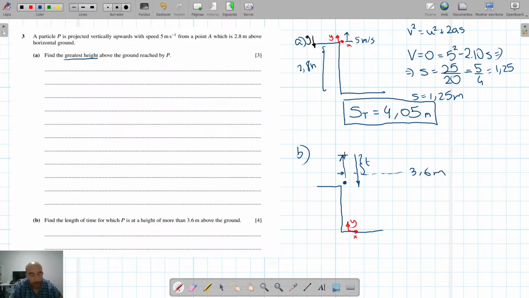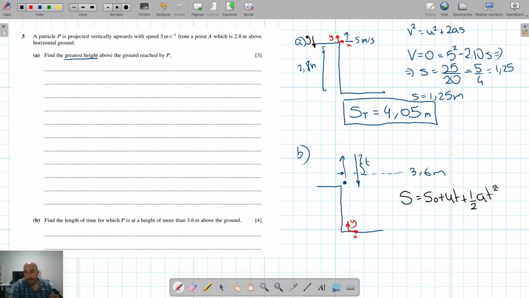Okay, so what we can use is the second equation of motion, the one with distance. So distance equals initial distance plus initial speed times time plus half acceleration times t squared.